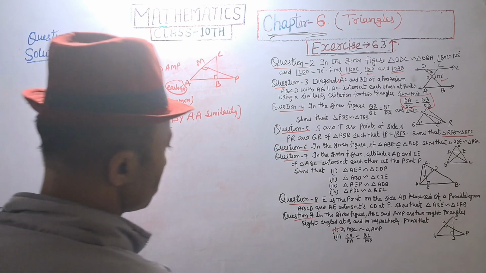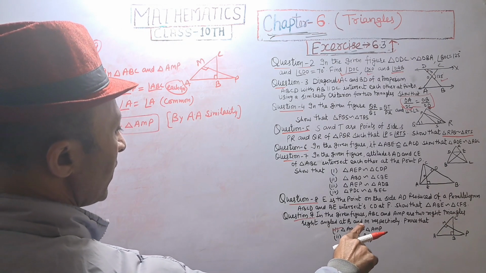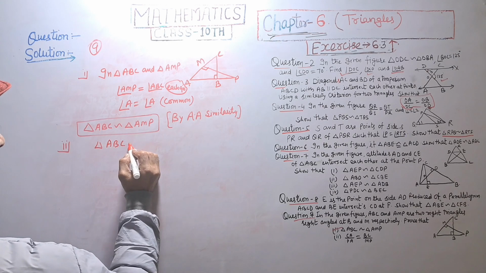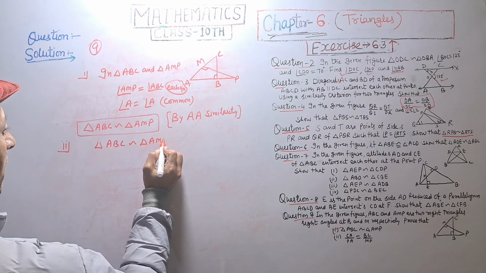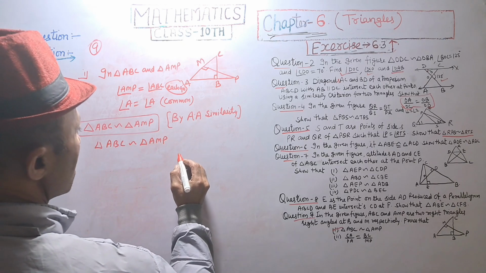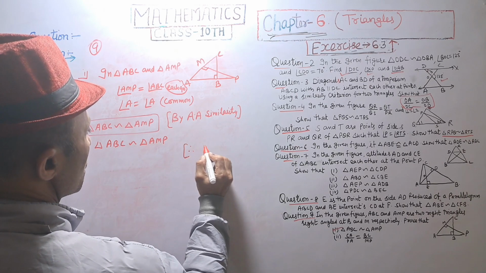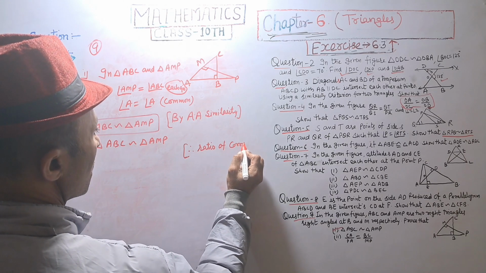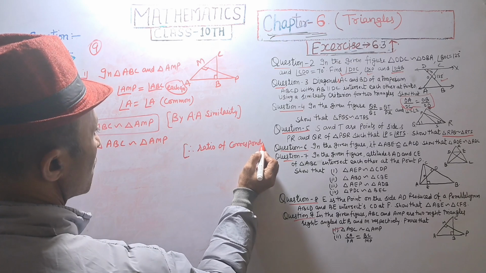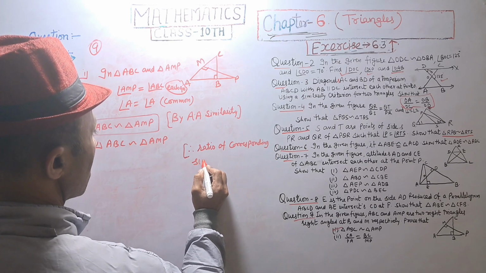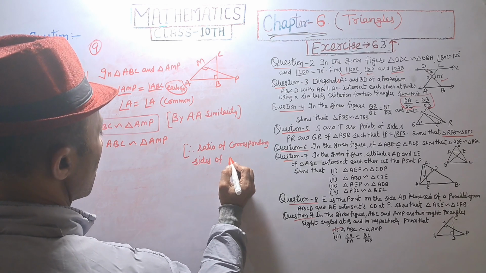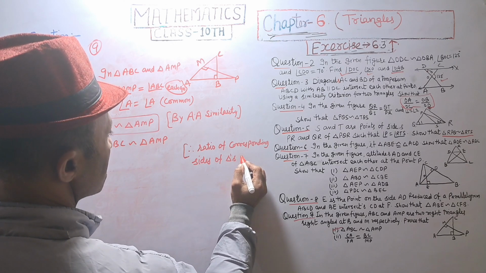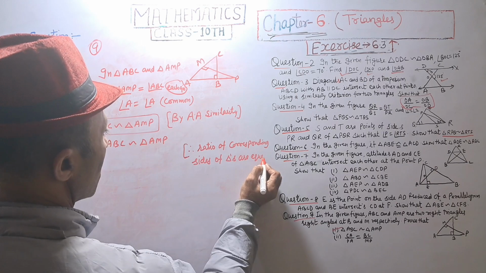And second, CA upon PA is equal to BC upon MP. Triangle ABC is similar to triangle AMP, so the ratio of corresponding sides of similar triangles are equal.